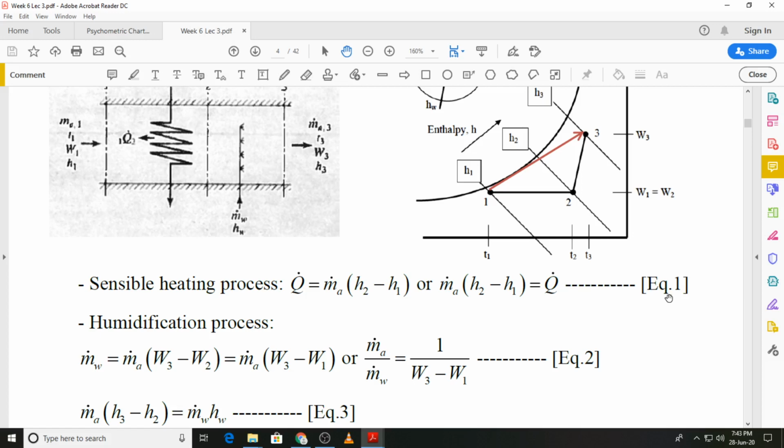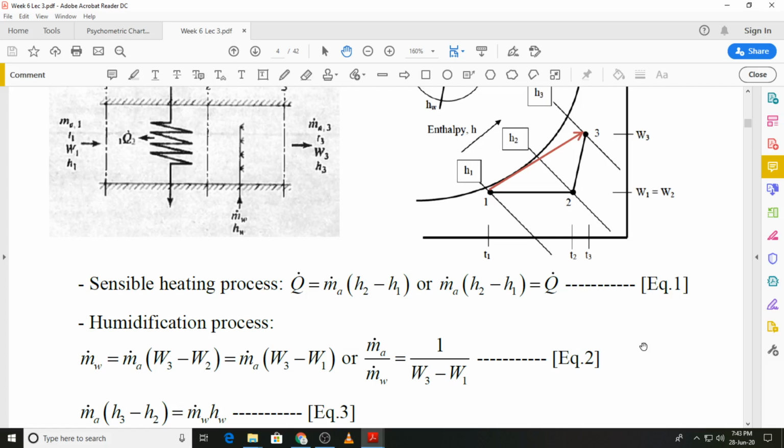Then we humidify the air from state 2 to state 3, and if you look at the mass balance for the water vapor, the amount of water vapor m dot v is equal to m dot a times the humidity ratio.